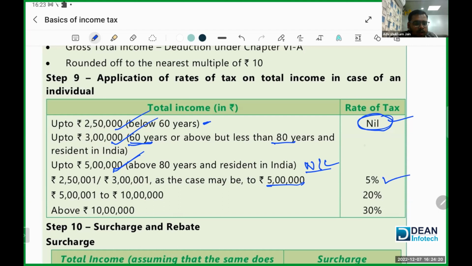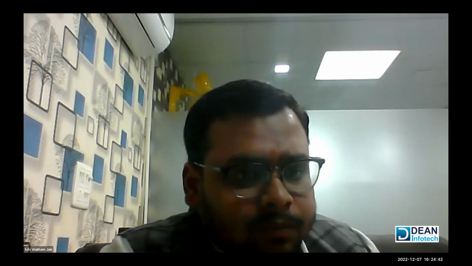And for all the people earning above 10 lakh rupees, the 30% slab rate will be charged on the income that is above 10 lakh rupees and not the income that is below 10 lakh rupees. What I mean to say is this is not a flat tax rate system. This is slab wise. The tax is always levied slab wise.